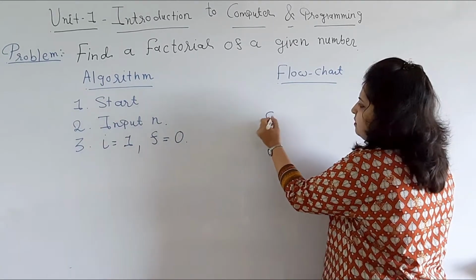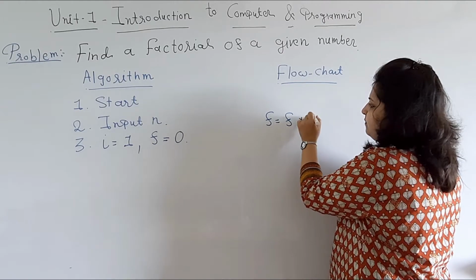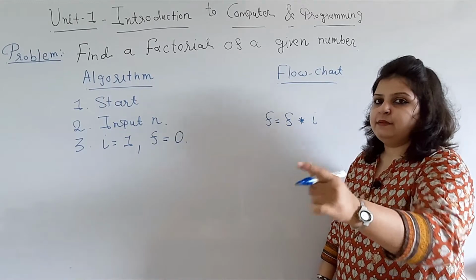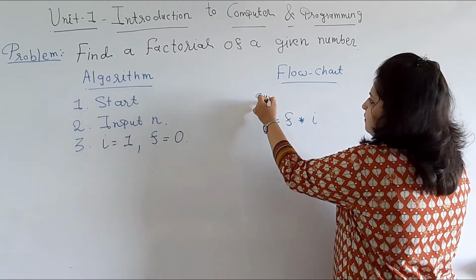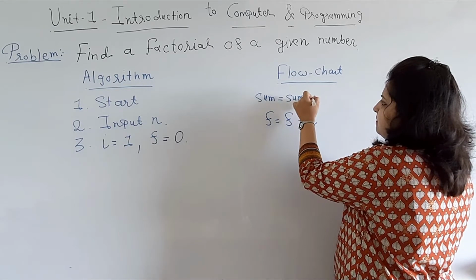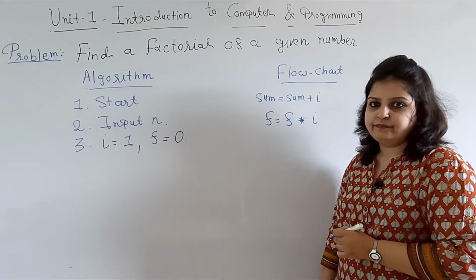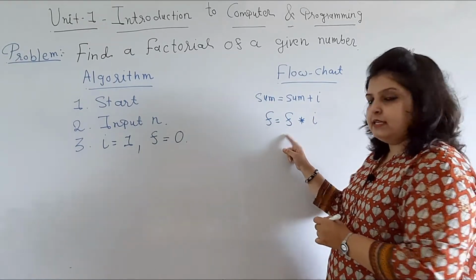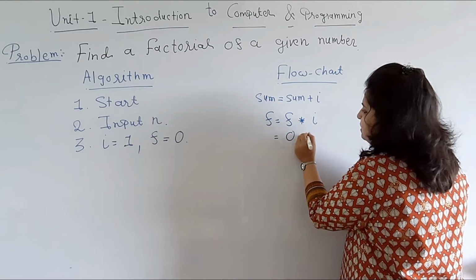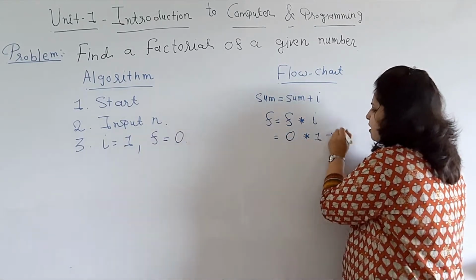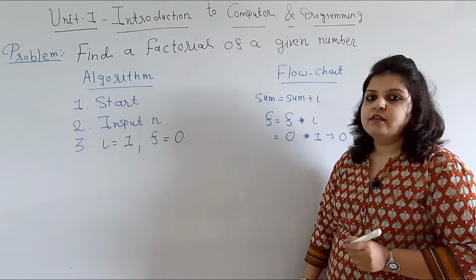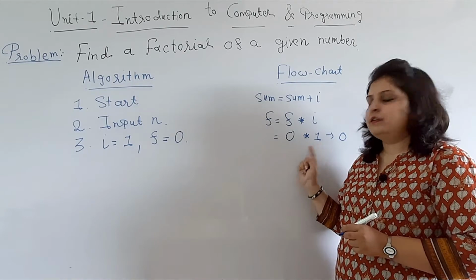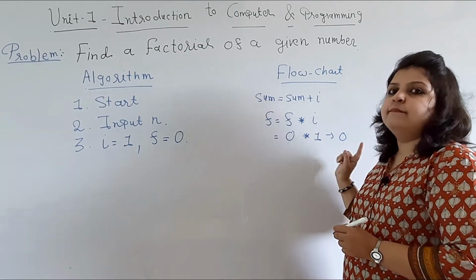Because here we write the formula f is equal to f into i, while in the previous example we wrote sum is equal to sum plus i, and initially sum is 0. But if you take f as 0, then what happens? 0 into 1, our answer is 0. That's why we can't take f as 0, because in multiplication with 0 everything becomes 0.